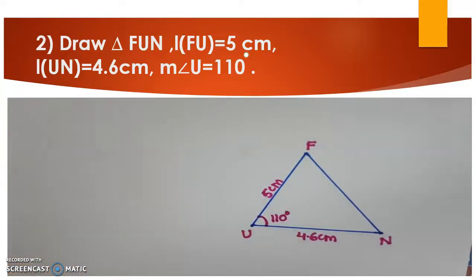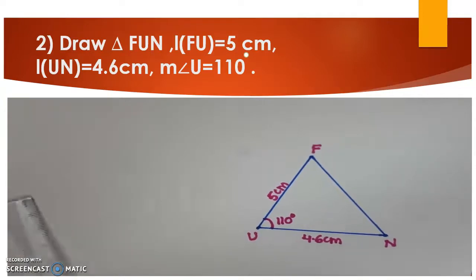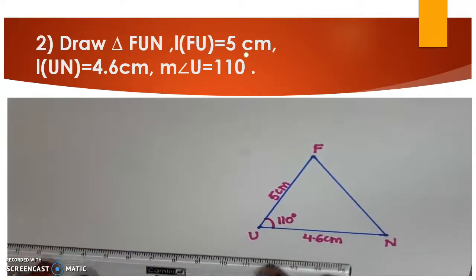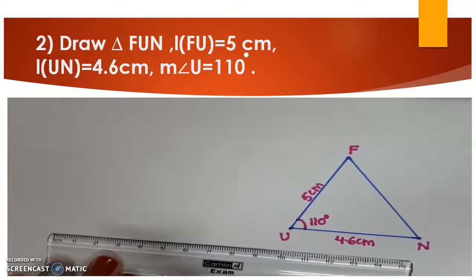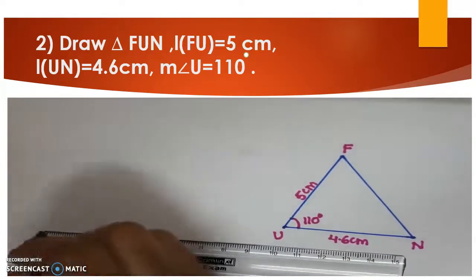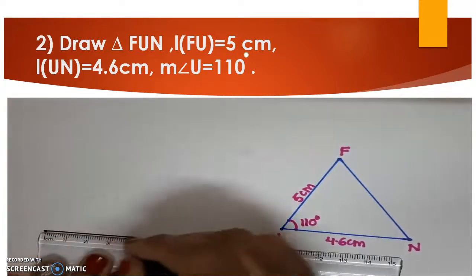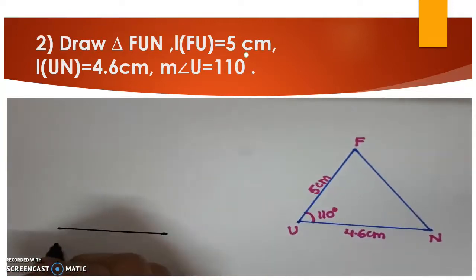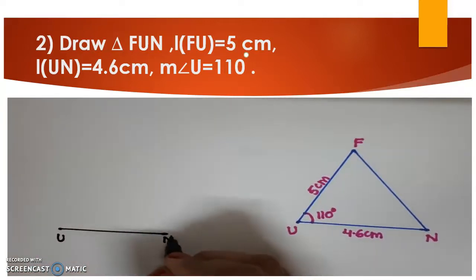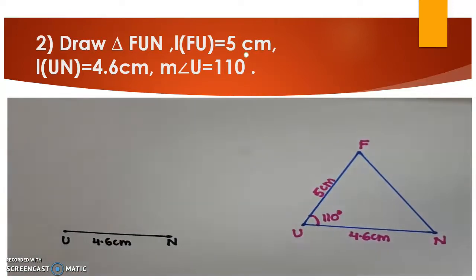Now according to our rough figure, we will draw our triangle. First we will start with UN, 4.6 centimeter. We will draw one segment 4.6 centimeter with the help of scale and pencil. We'll write the name UN, then the measurement 4.6 centimeter.